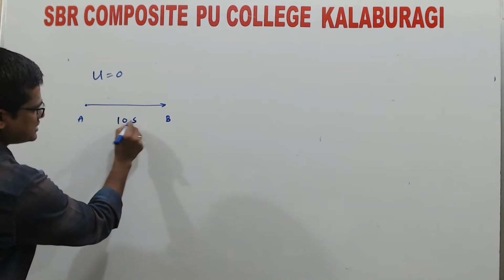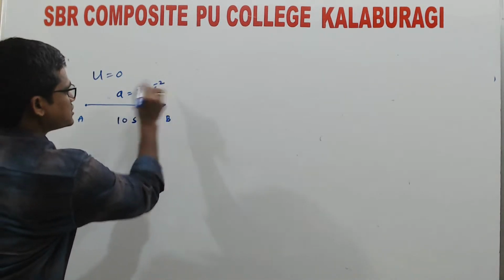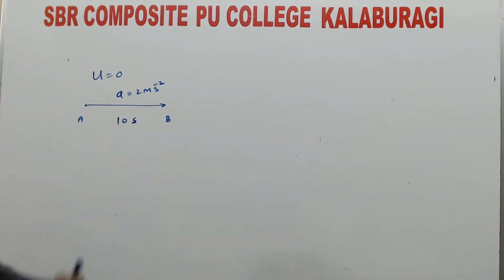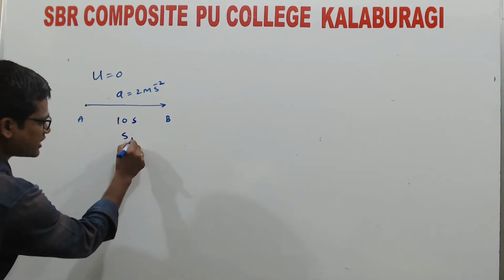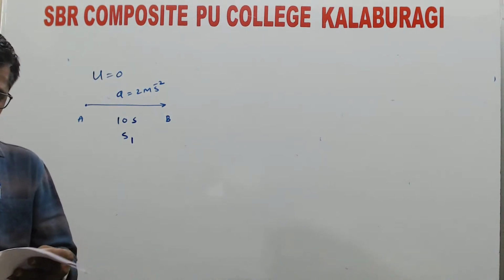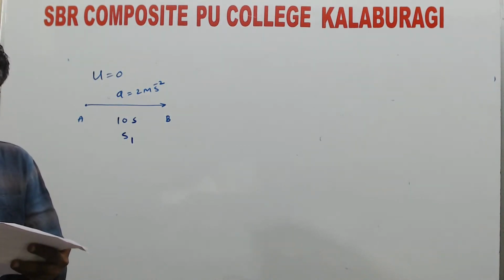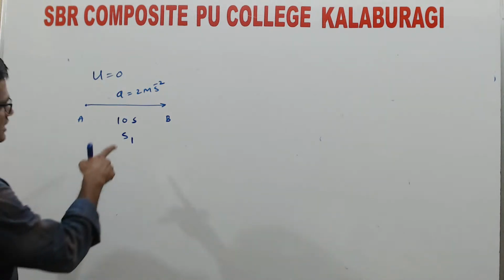For 10 seconds, what is the acceleration of the body? 2 meter per second square. So during the 10 seconds, whatever distance is covered, you can say S1. Next, it goes with constant speed for 30 seconds.